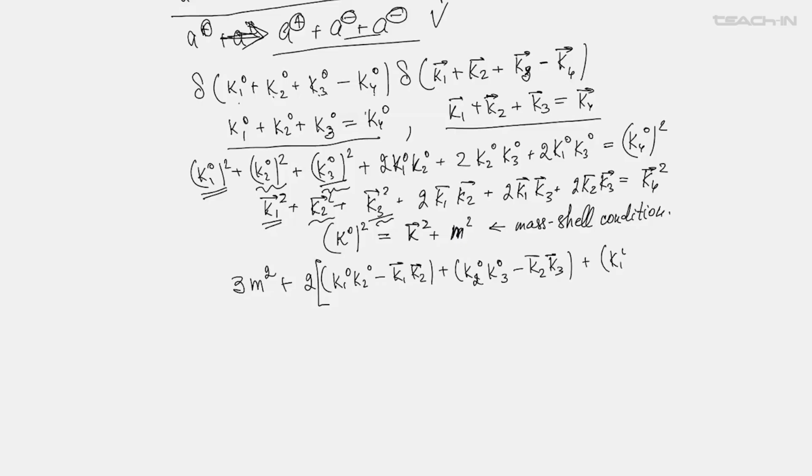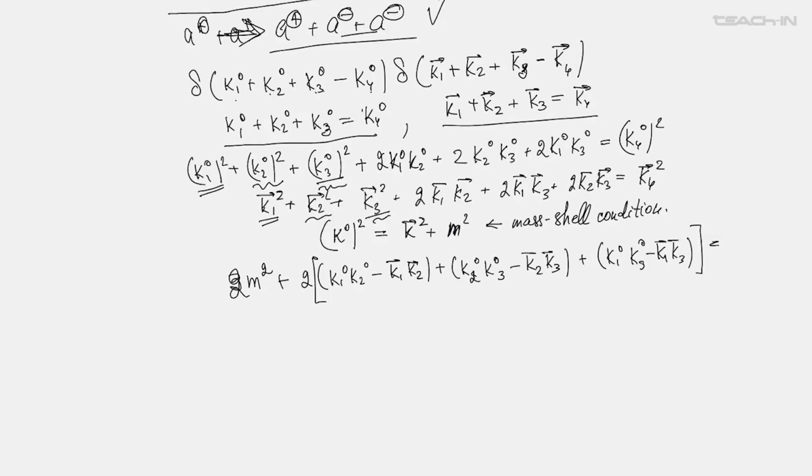And what you get on the right-hand side is K40 squared minus K4 squared, which is m squared. So if you put m squared to the left, you will get here 2m squared and here 0. And then if you wish, you can divide by 2, and so you get this equation.